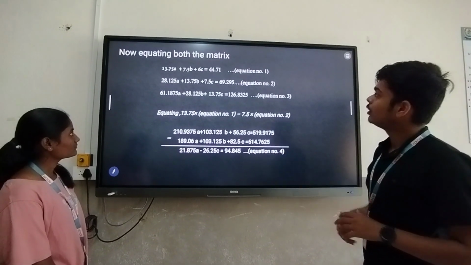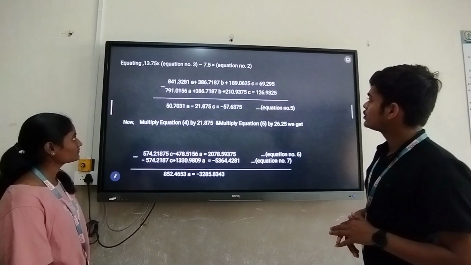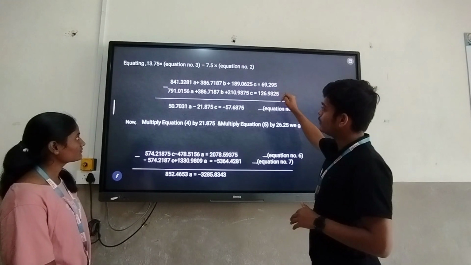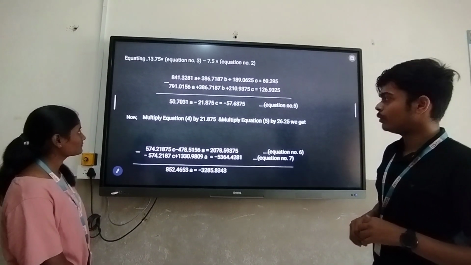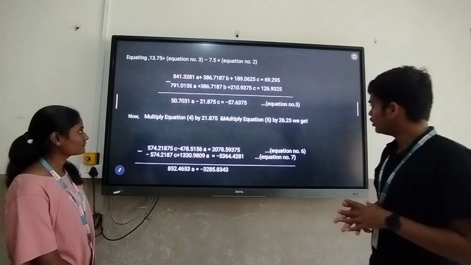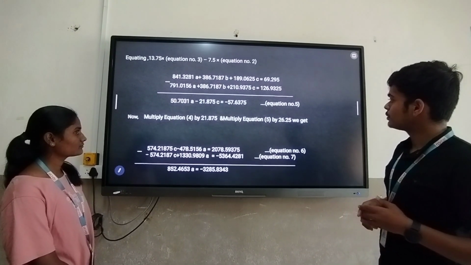Similarly, for equation 2 and equation number 3, we multiply equation 4 by 21.875 and equation 5 by 26.25.